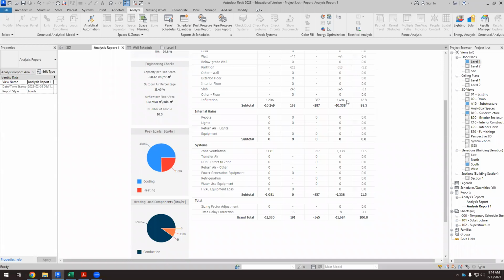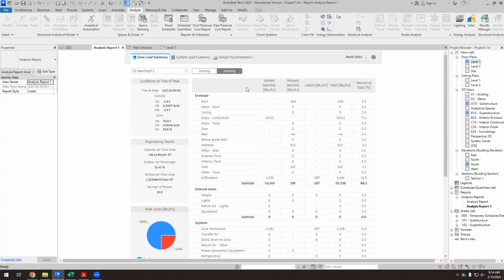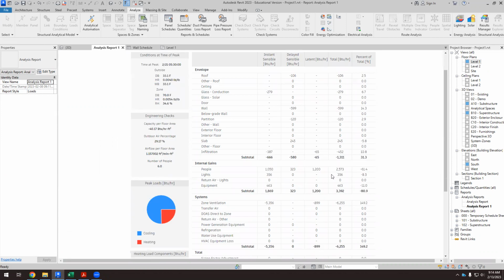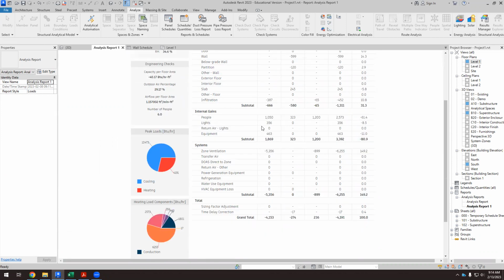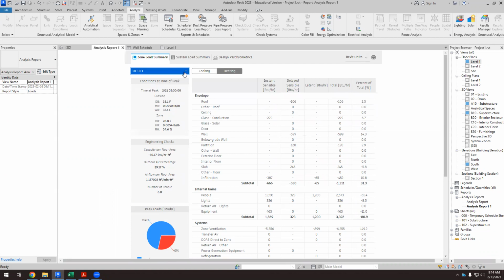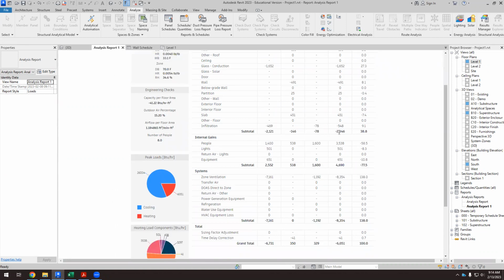1,000 or 1,300 in that space. It's 1,300 in that space too. In that space is 2,300.